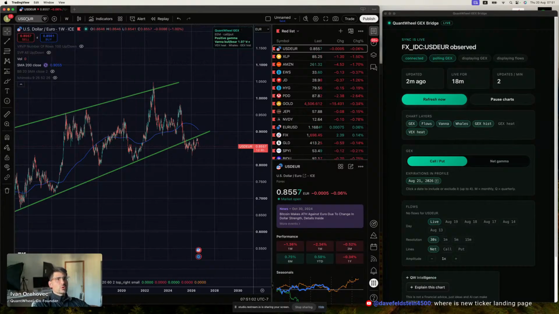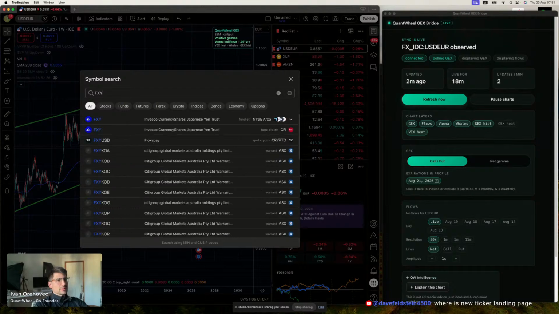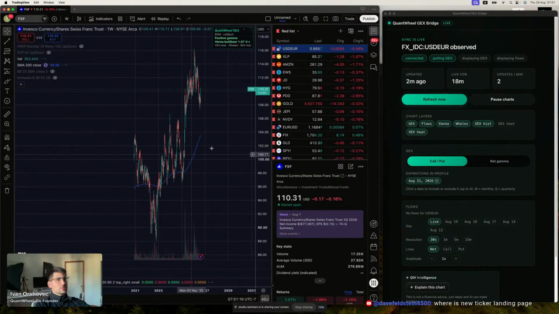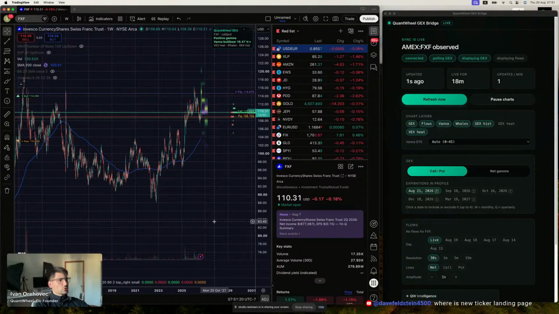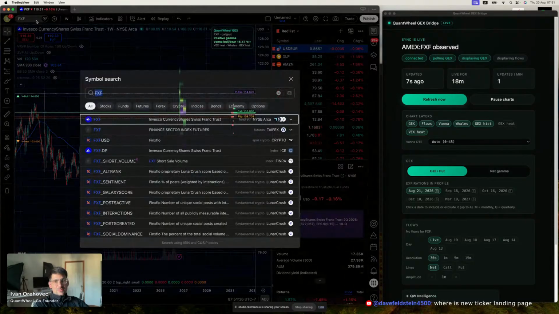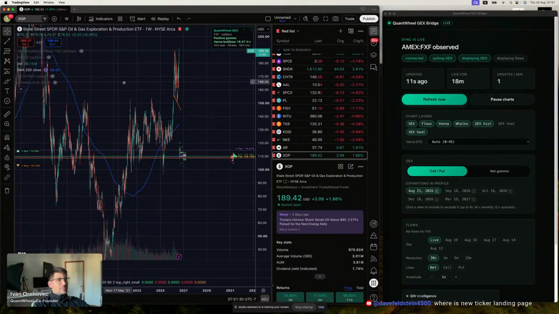So you could do FX, like there's a bunch of FX. You can see it here, Invesco CurrencyShares. So you can say FXE is against euro, FXF is like Swiss franc. So you could just buy this fund and get exposure to Swiss francs. That's one way. Another way is just XLE, for example, energy.